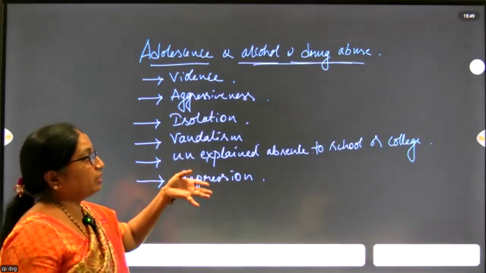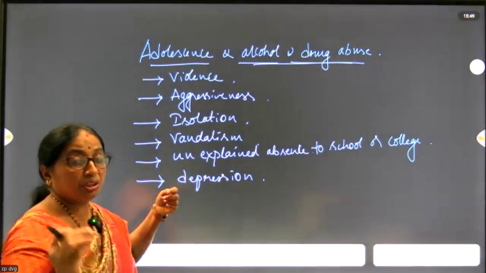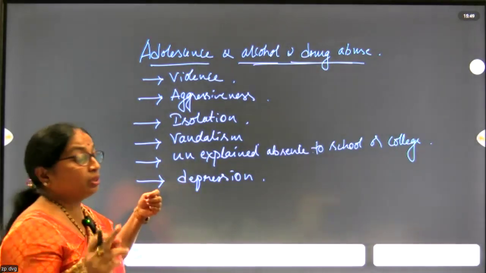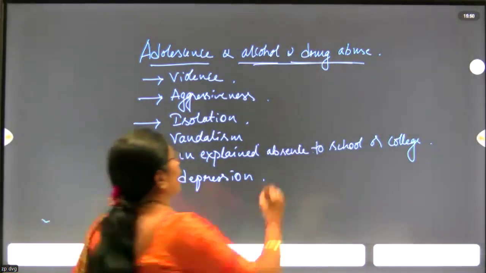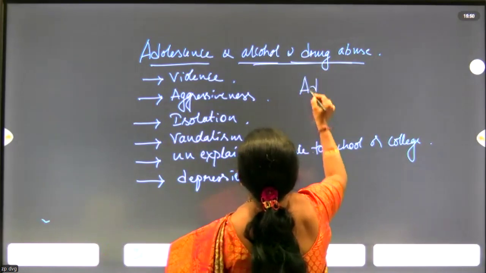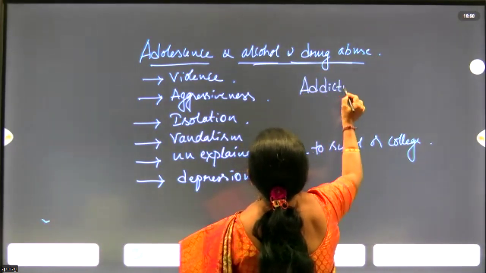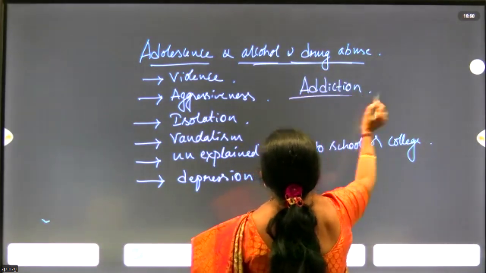If they use these drugs even just one time, they may fall into addiction. Now, what is addiction?